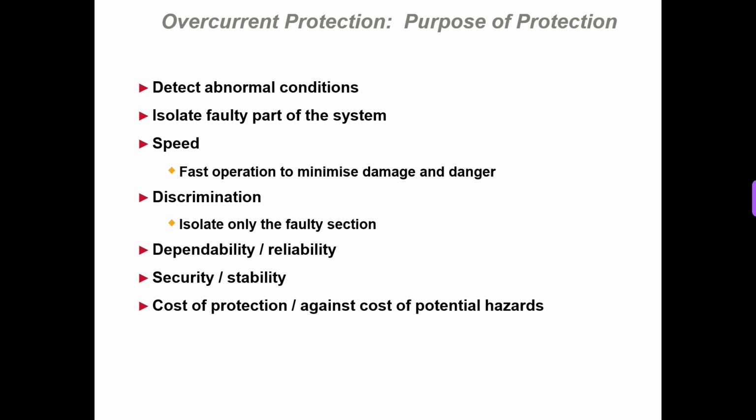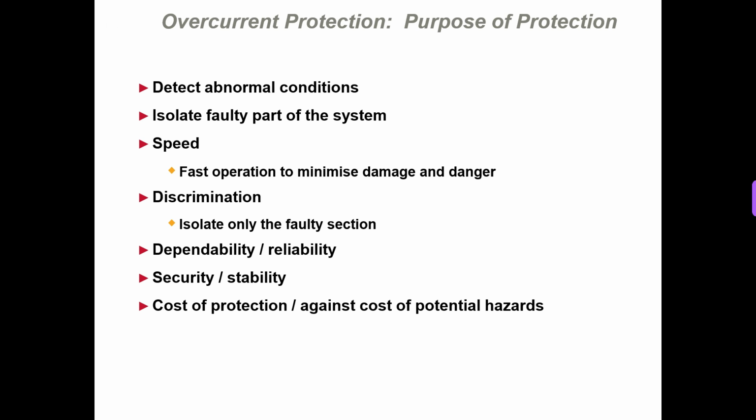That means there are basically three major requirements of any protection system. First is to detect the abnormal condition. Second is to isolate the faulty part, and third is to isolate the faulty parts in minimum possible time. That means its speed should be very fast.